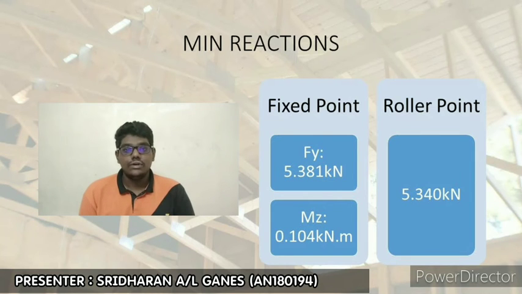For the minimum reactions of the truss, the fixed point faces 5.381 kN of upward force and 0.104 kN of clockwise moment, whereas the roller point faces the minimum of 5.340 kN of upward force.